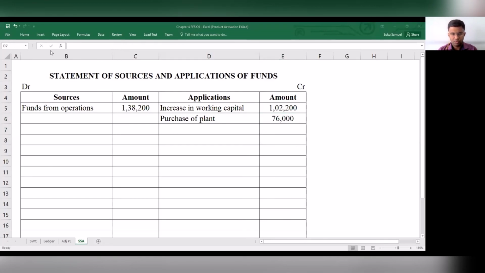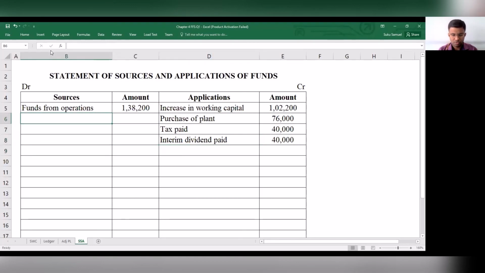Then we have tax paid, which is 40,000. There was also an interim dividend paid, which is also an application. That is 40,000.